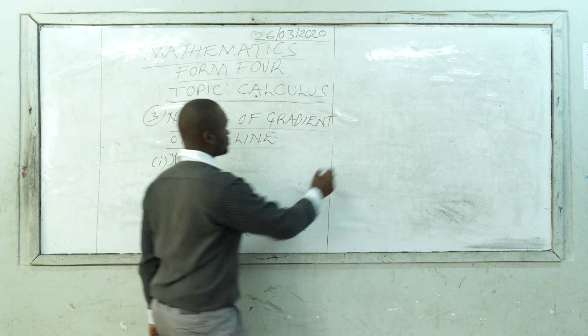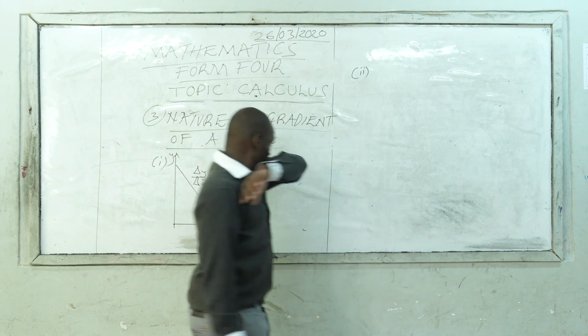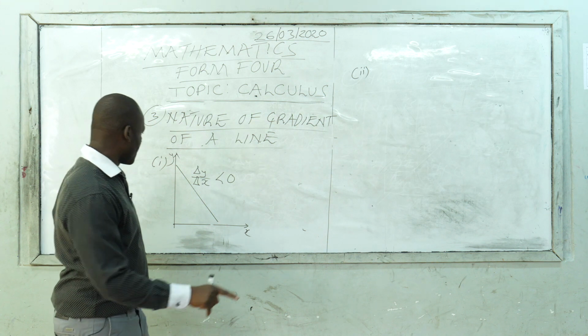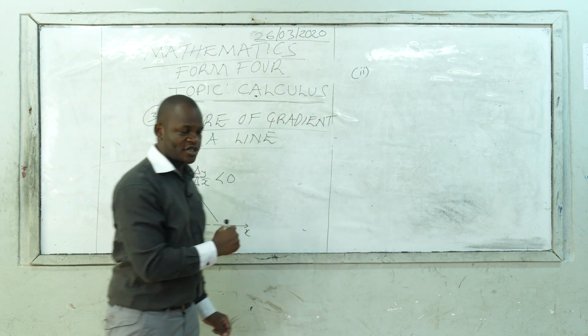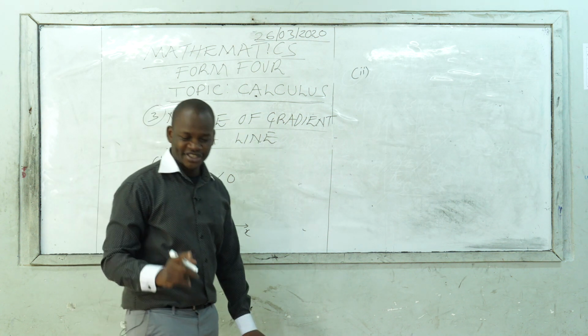Now, Roman 2, our second point: a line sloping downwards from right to left will have a gradient which is positive.